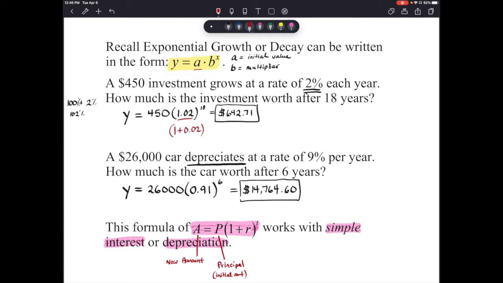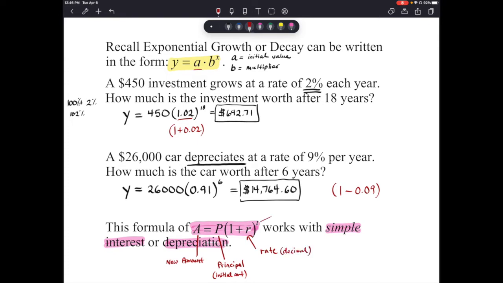Right? And then, the one down below, since it's depreciating, we'd have like 1 plus a negative, or you could say minus, 0.09 on that one. Okay, so we know here that our rate is always going to be written as a decimal.